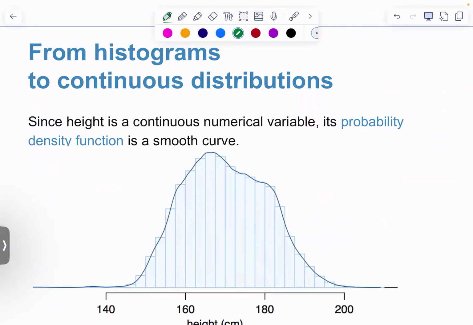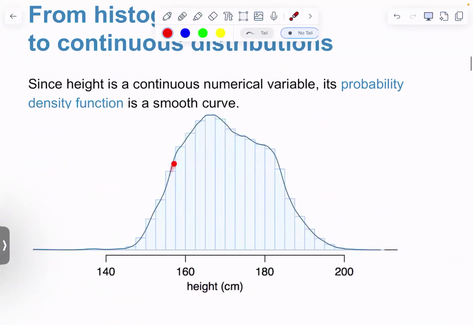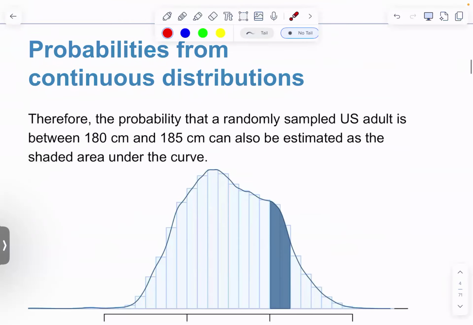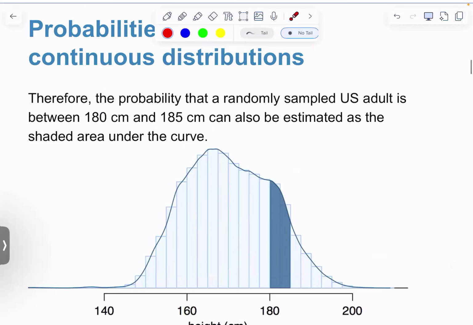So since height is continuous, what we usually do is we smooth these bars out. And it's called the probability density function. I'm not going to call it that ever. But if you're Googling things, just recognize that this smooth curve is the probability density function. And so, hey, I already said this.